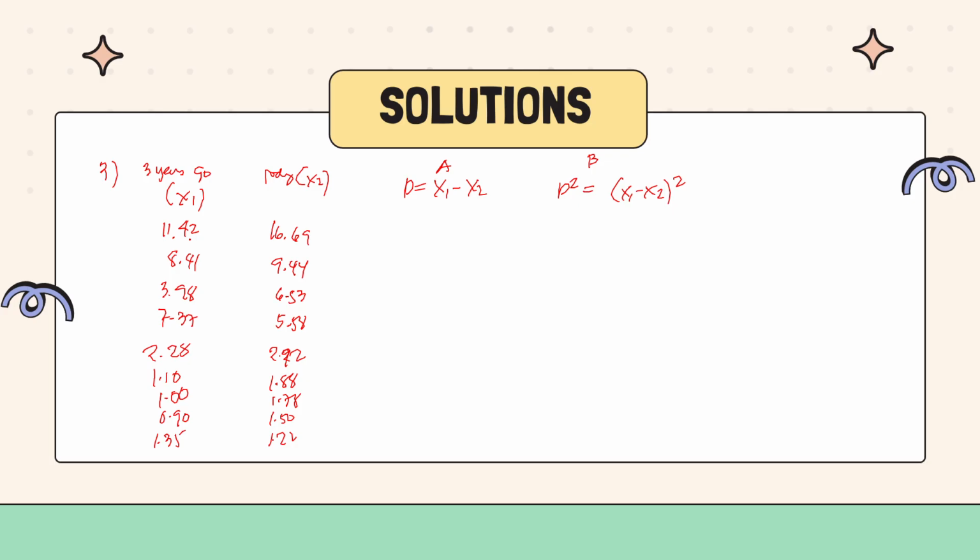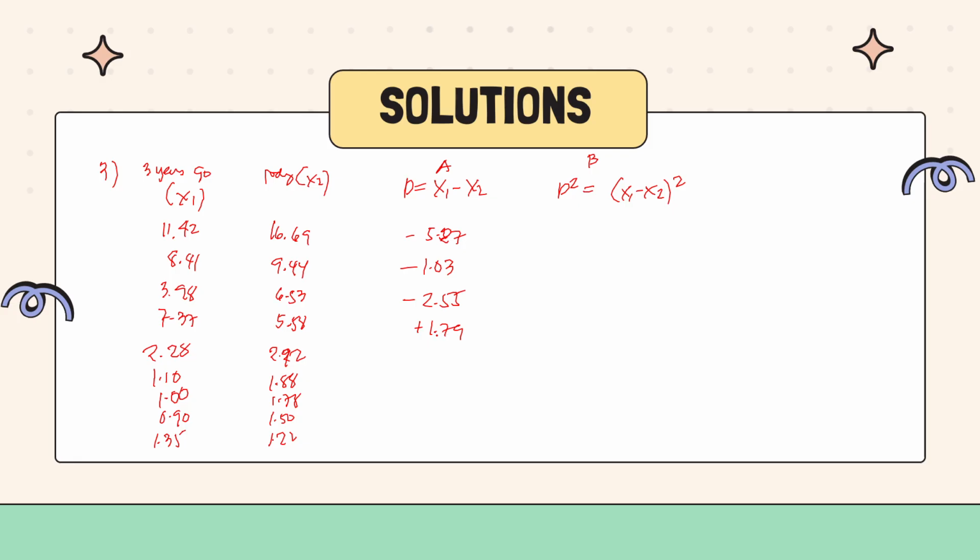Then after that, we are going to get the difference. So 11.42 minus 16.69 is negative 5.27. So 8.41 minus 9.44 is negative 1.03. 3.98 minus 6.53 is negative 2.55. 7.37 minus 5.58 is positive 1.79.